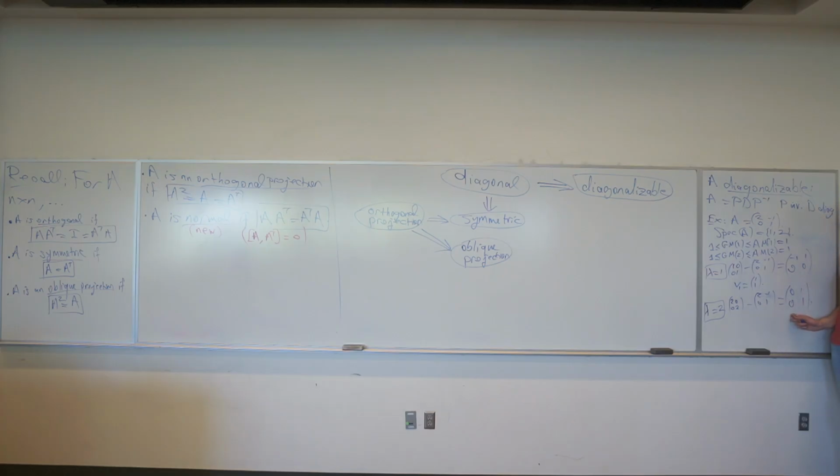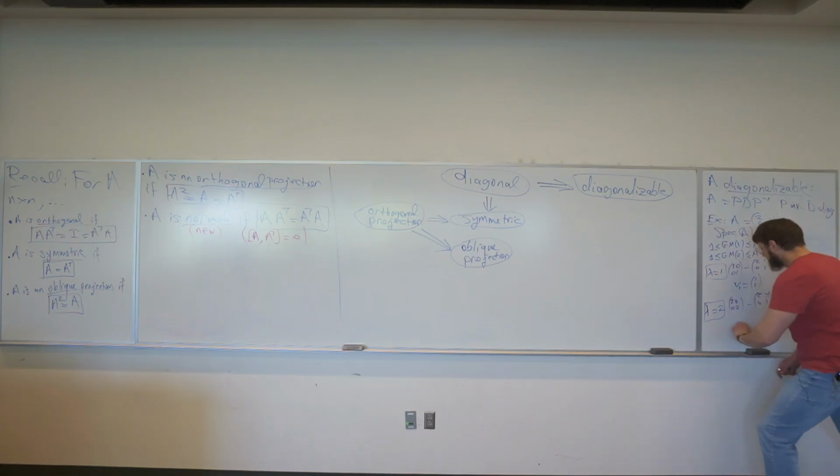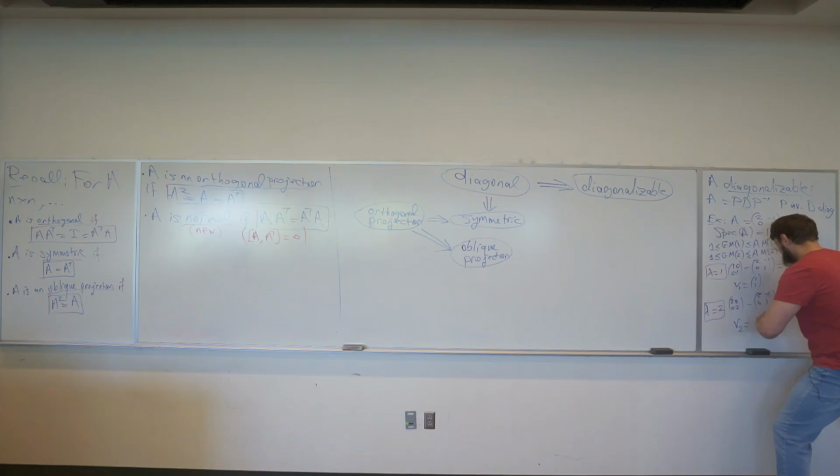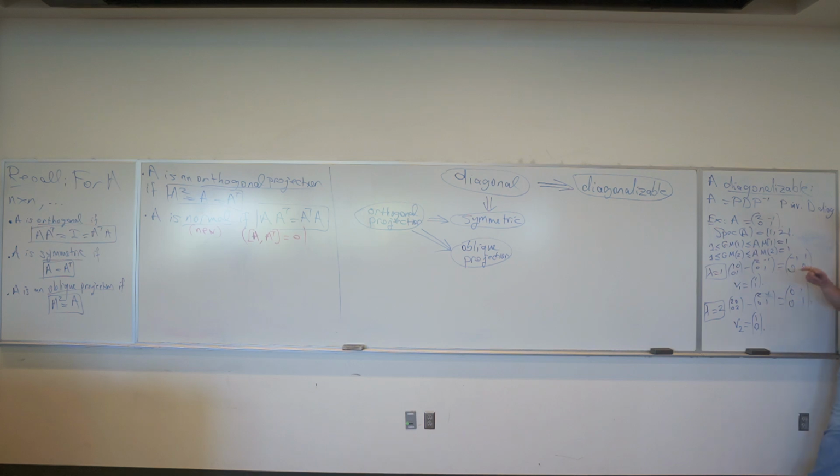I need something in the null space of this. If I were to plug in x, y, that just gives me y, 0. So y has to be 0. I can just choose x to be 1, for instance. v2 could be 1, 0. That's an eigenvector.